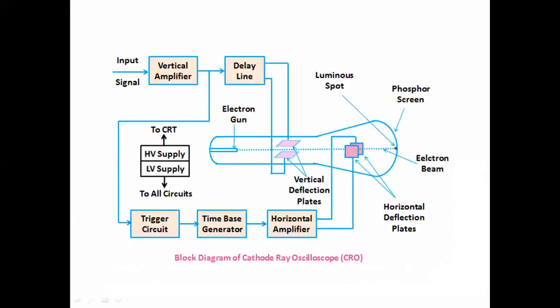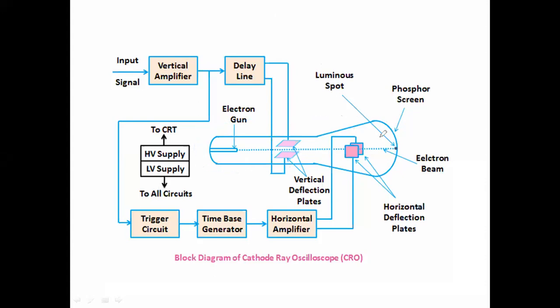So this is the basic block diagram of an oscilloscope. If you observe, this is the CRT.